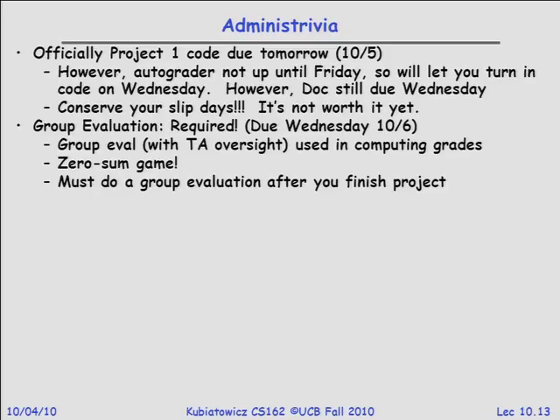We actually use these to help figure out how your team is doing, in combination with your TA's evaluation of how you're doing. So it is a zero-sum game. If it turns out that one of you is not contributing to your group, we will figure that out, and potentially your grade on the project will be lower than your partner's. So you have to make sure you're actually helping, okay?